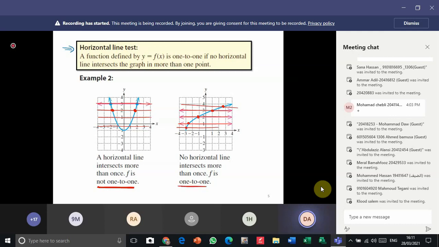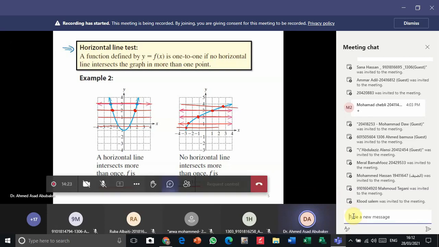This is another method to check whether f of x is one-to-one or not, by the horizontal line test. Any question about this test also? Any question?